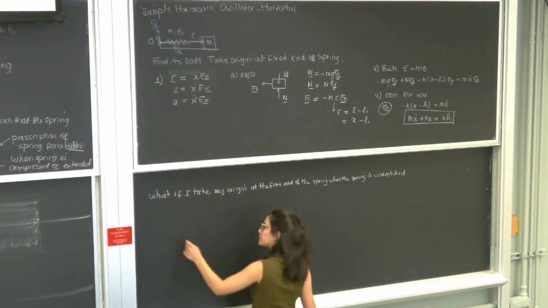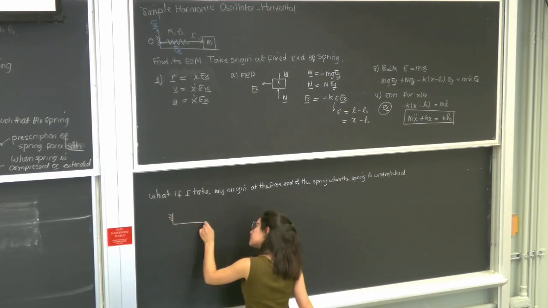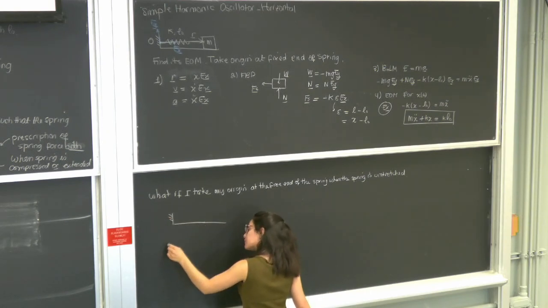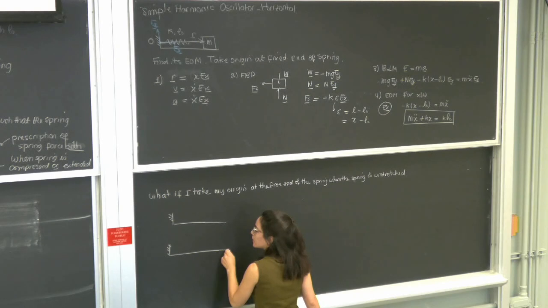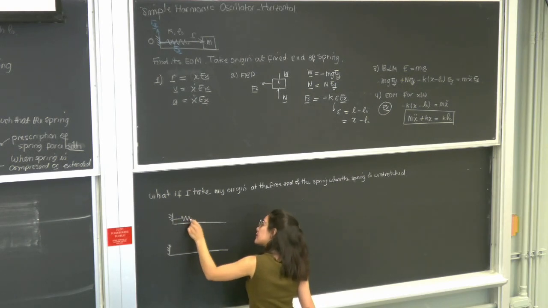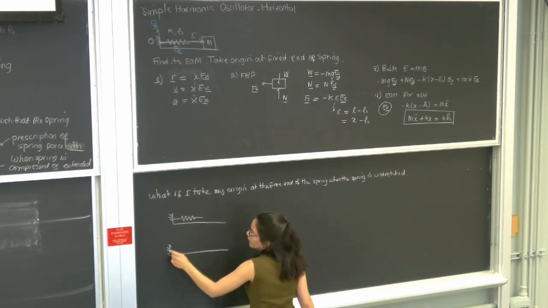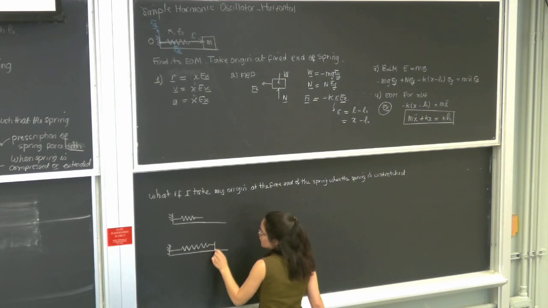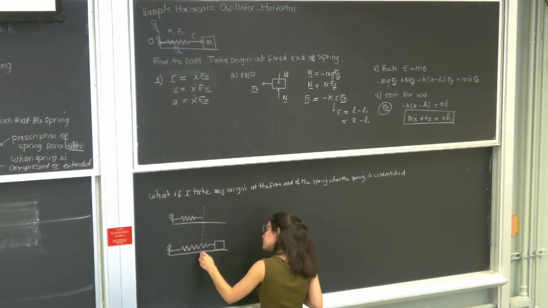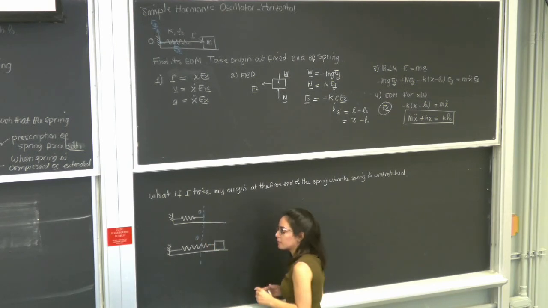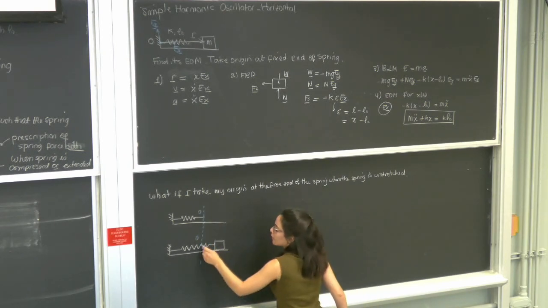So I have the spring unstretched, and that's the spring stretched, and I'll take my origin to be at this location. Okay, and that's my position vector to the particle.